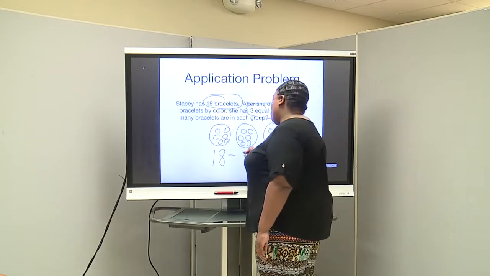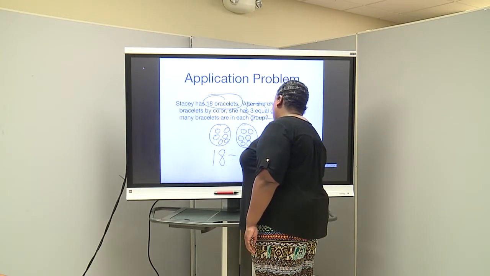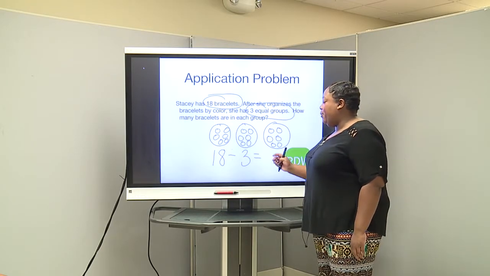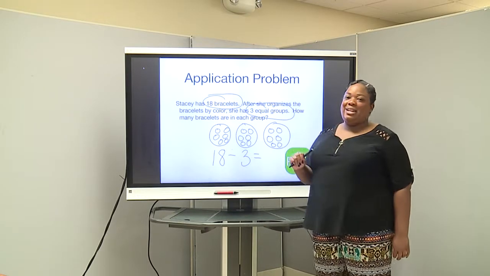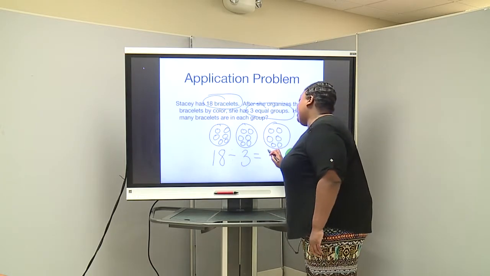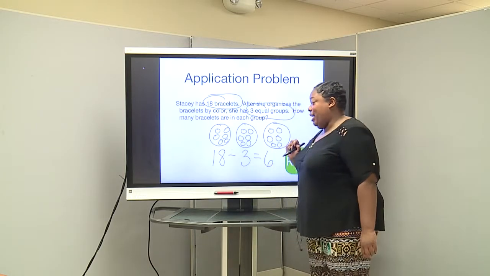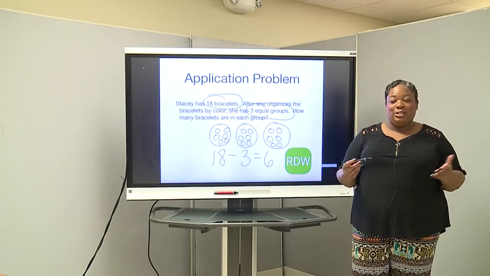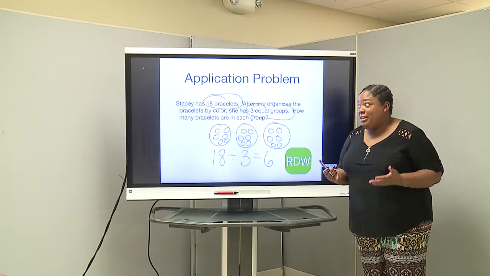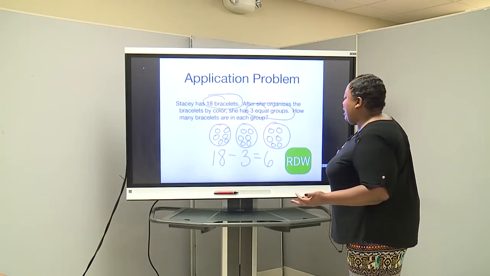We had 3 equal groups. So we have the total divided by the number of groups equals the size of the group. What is the size of the group? It is 6. There are 6 bracelets in each group, all right? And actually, that's our sentence because remember, we have to read, draw, and write. So let's write our sentence, and I'm just going to write it at the top just like I did last time.